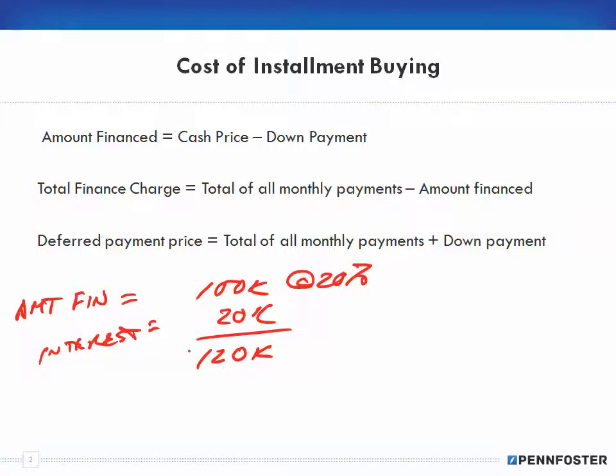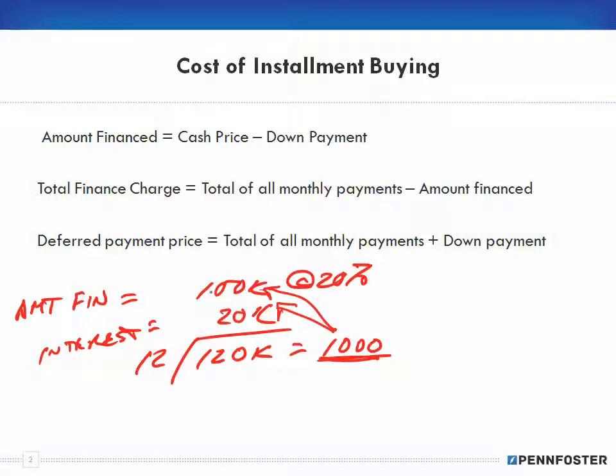Notice that $120,000. If it was for one year and we're making monthly payments, we divide by 12, and each monthly payment would be $1,000. Part of that $1,000 is a portion of the principal and a portion of the interest.